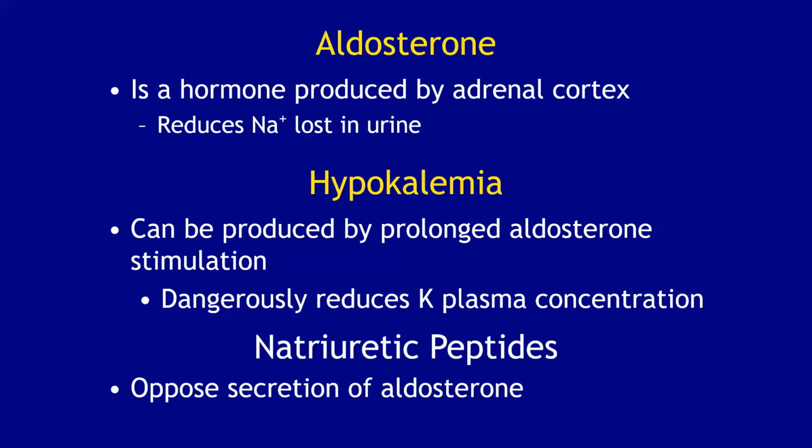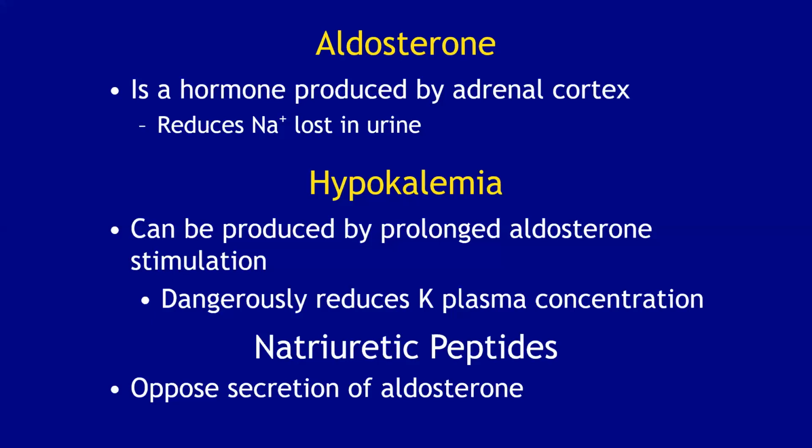There is a disorder that is called hypokalemia, and this is produced by prolonged aldosterone stimulation. So if you have prolonged aldosterone stimulation, then you are going to have more sodium present in your body. The more sodium you have present in your body is going to reduce the amount of potassium in your body.